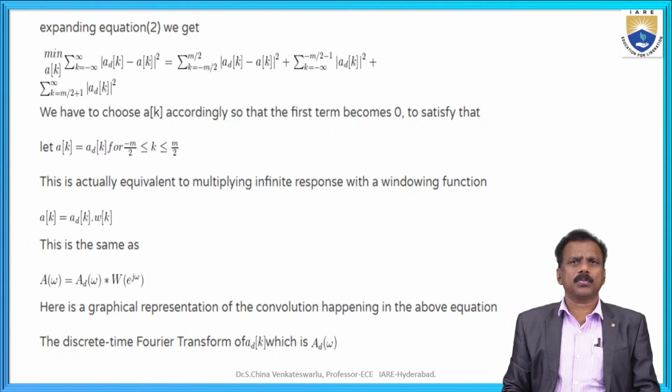We have to choose a of k accordingly so that the first term becomes 0.